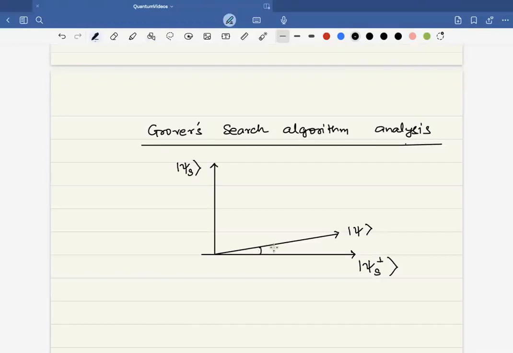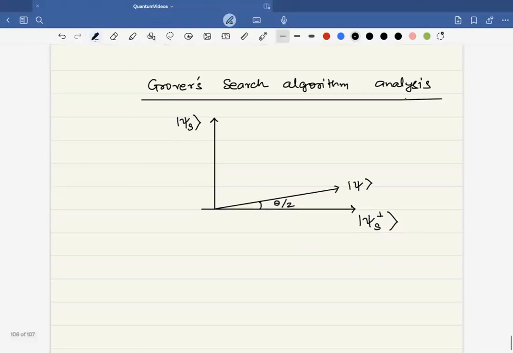And this is our angle theta over 2. So psi is 1 over square root of n summation over x. This is our vector psi.